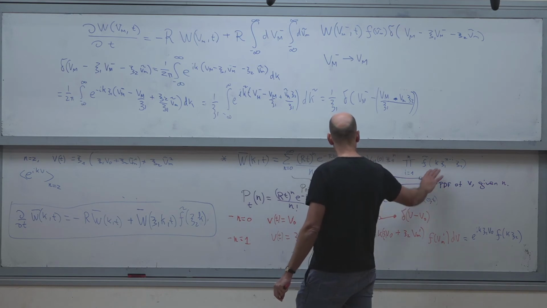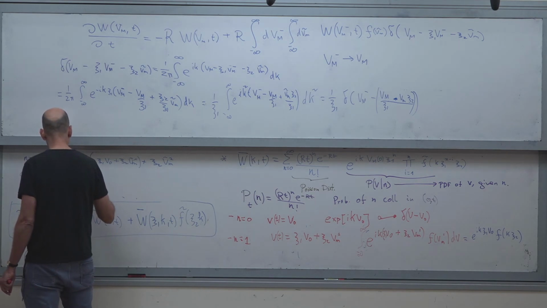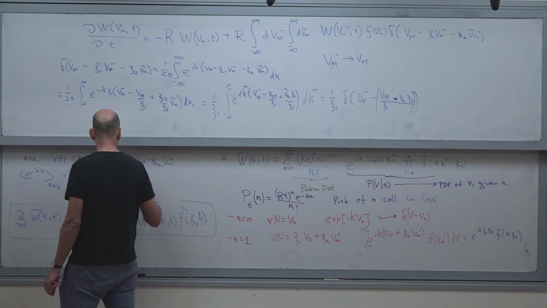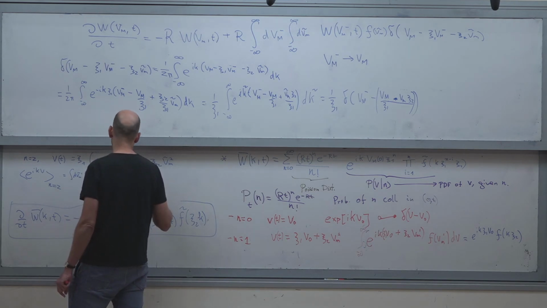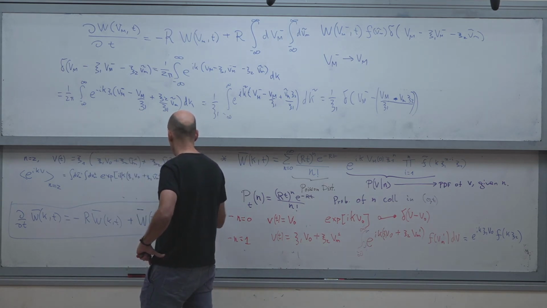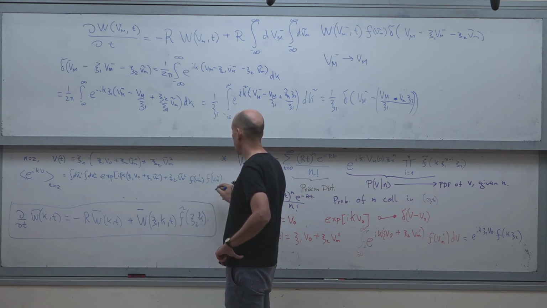That is equal to the integral dvm1, integral dvm2, of the exponential of ik times (psi 1 squared v0, where I have another psi 1, plus psi 2 vm1 plus psi 2 vm2), and I have here dvm1, the first collision of the gas particle, and dvm2, the second collision of the gas particle.